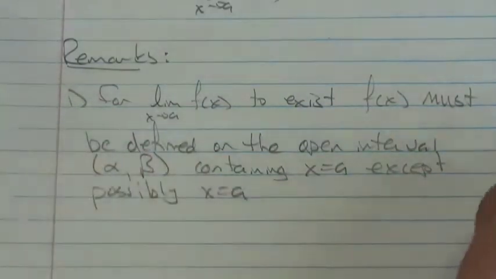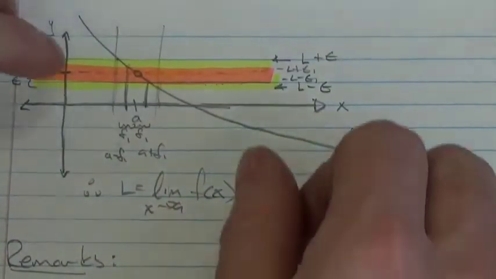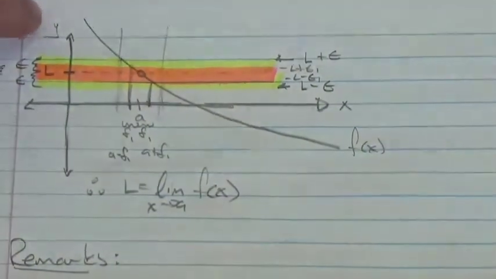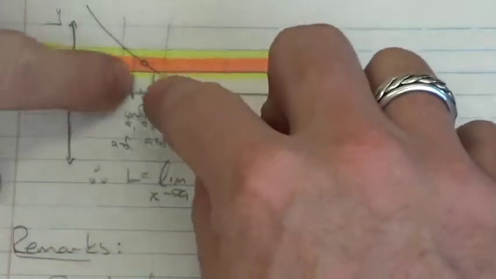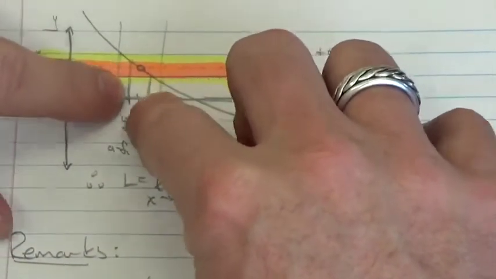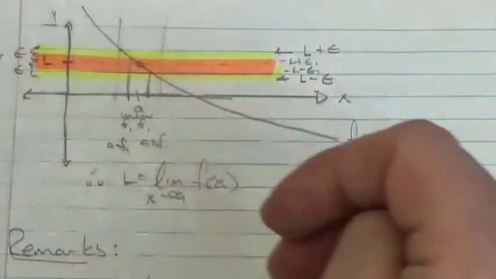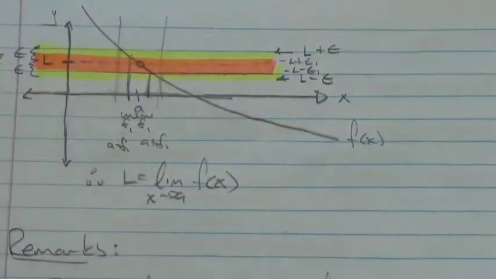Now, what we mean by this is being strict to the formal definition of a limit. When we go back up here, we're talking about the interval around A. There has to be this open interval around A that I can get inside. And that's why it has to be an open interval.